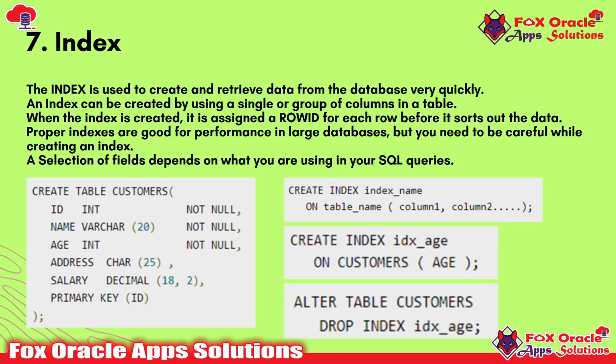When the index is created, it is assigned a row ID for each row before it sorts the data. So when we are creating an index on any table, obviously we are going to provide a column name for that. The records available in the table will be arranged based on the values in the specific column which we make the index, so that it can retrieve data from the table in an efficient way.